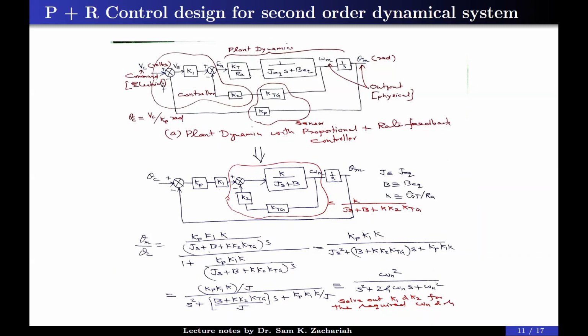So if you understand this, I don't find any need of any extra control system knowledge to solve such a robotic problem once we use the feedback linearization concept. Okay, that we will do later. So understanding of second order dynamics is quite important. That's what I want to say.